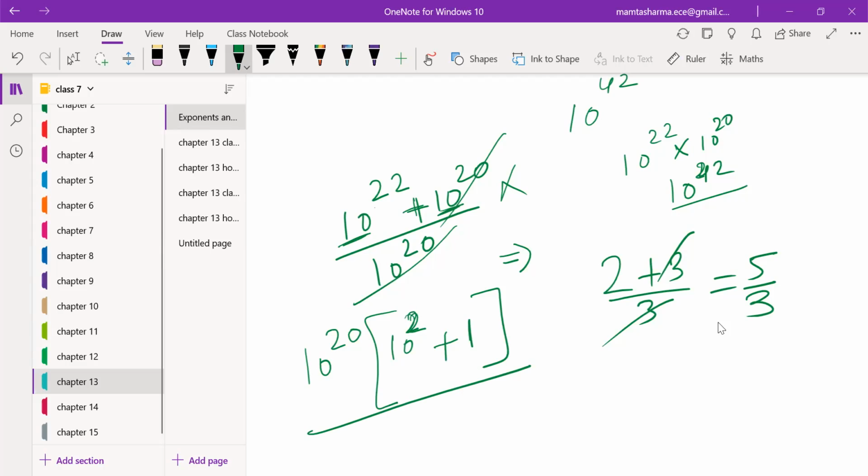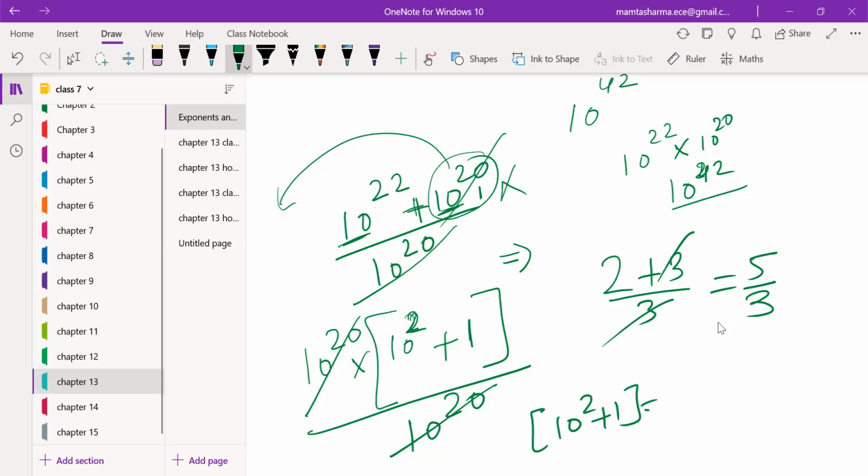When I took this term out, 1 will be left. And the denominator is 10 to the power 20. Now you can cancel out this term with this term since they are in a multiplication. Now 10 raised to power square plus 1 will be left, and 10 raised to power square is 100 plus 1, and that will be 101. Correct?